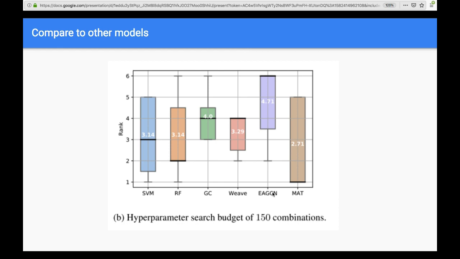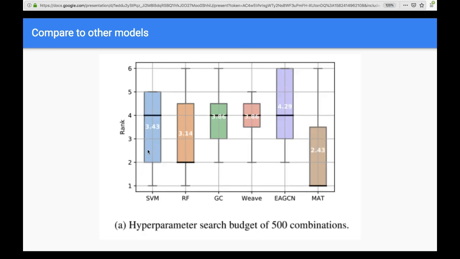The number is like, the lower the better, so you can see their model is better, but you can see the range is quite big. It can sometimes be very good depending on your initialization, sometimes a bit bad, depending on your initialization and your hyperparameters. So it's a little bit unstable, I would say, compared to other machine learning models. It's not really stable because the other models' interval is just smaller, right?